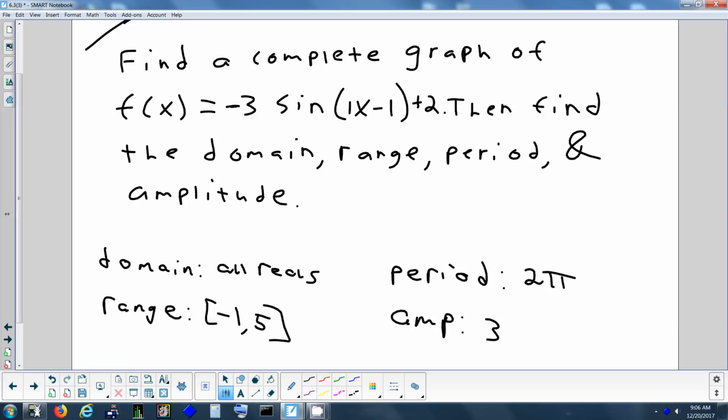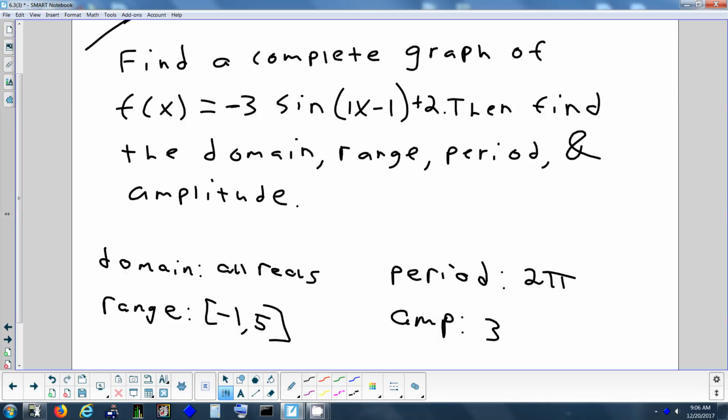Would that change the amplitude? No. There'd be no change in the amplitude. Would that change the range? What do you think, Leo? Would the range then be -5 to +1?